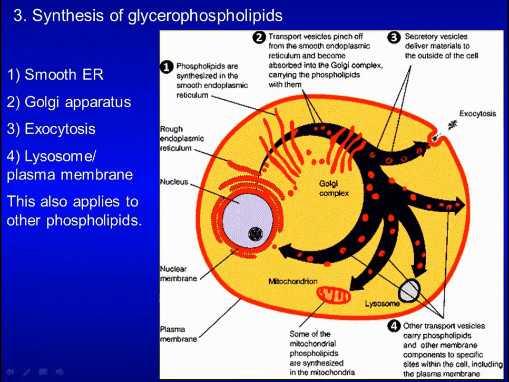Most glycerophospholipids are synthesized in smooth ER and transported to the Golgi apparatus and then to membranes of different organelles.